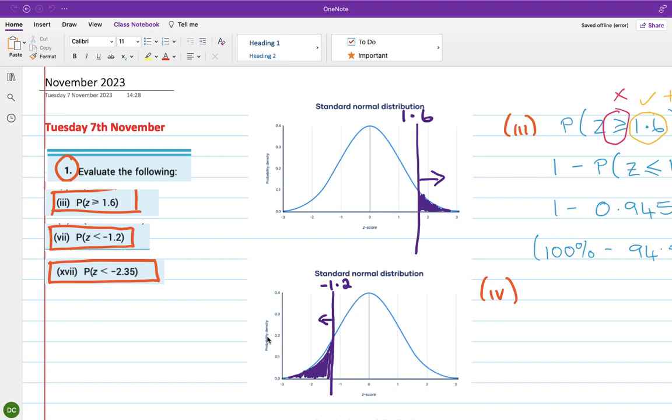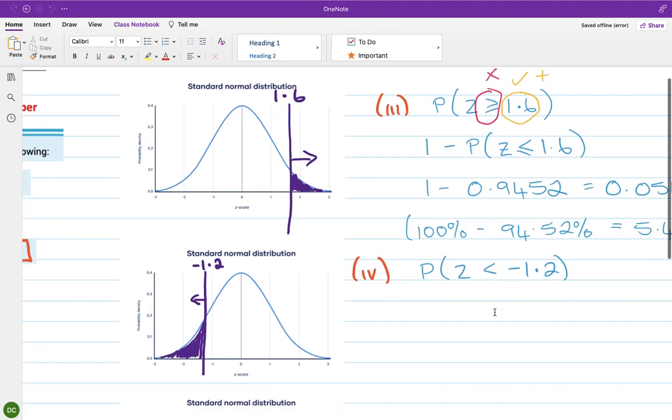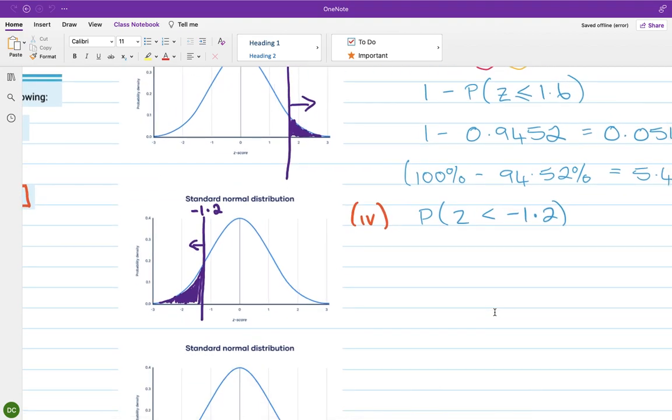Okay, so z-score being less than... Okay, so I was just writing it over there. So what we do is we again go with the symmetry of the shape. So 1.2 is about there.